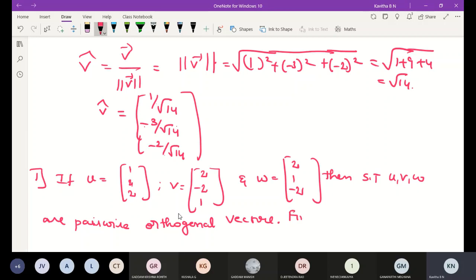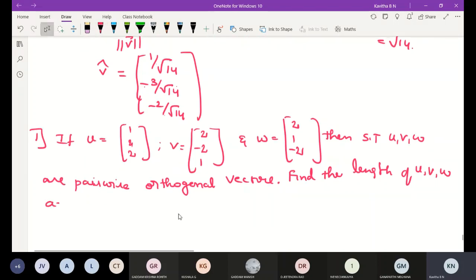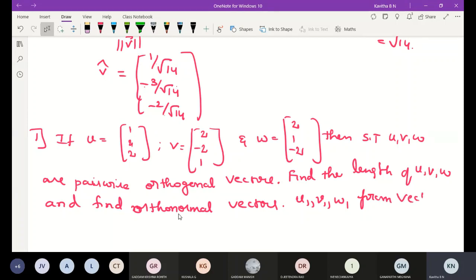Find the lengths of u, v, w and find the orthonormal vectors u1, v1, w1 from the vectors u, v, w. This is a GTU model question paper problem, 10 marks.